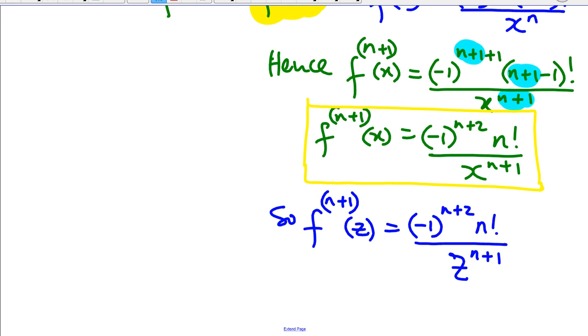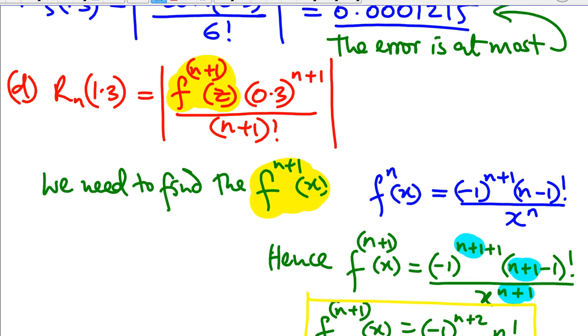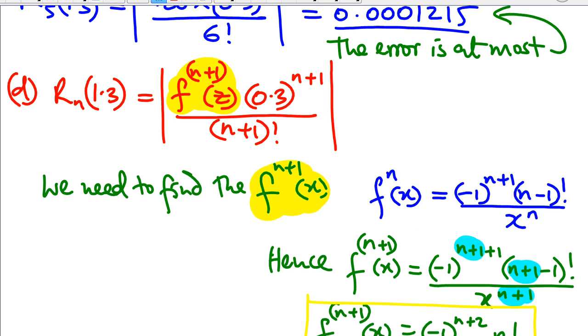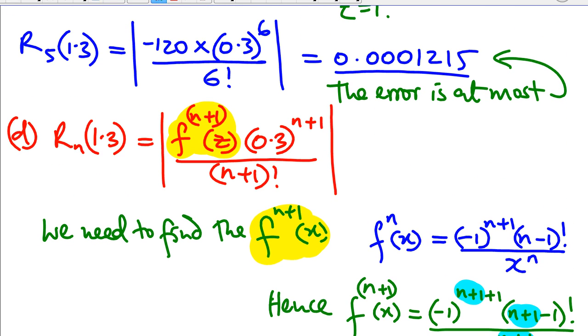Okay. And then what I'm going to do is to replace this formula into the error term. So in place of this guy here, I'm going to replace that derivative that we've just written down there.